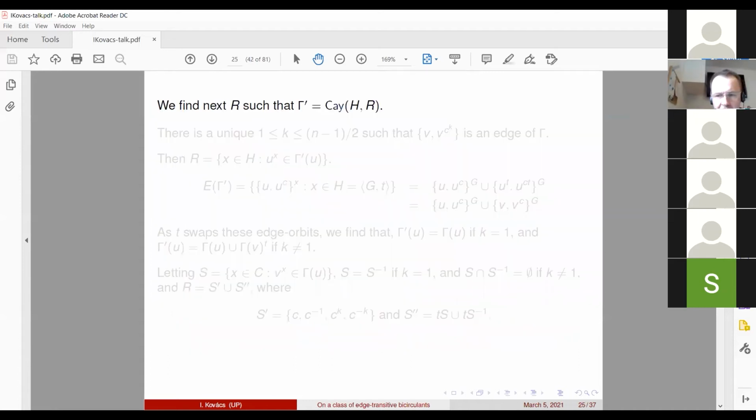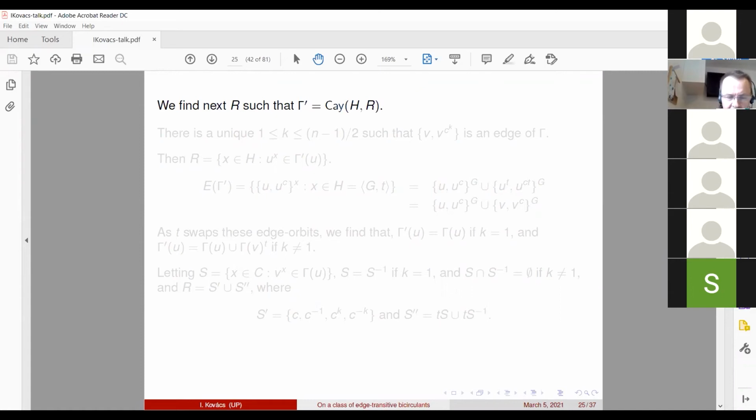Okay, we would like to apply this theorem, and for that purpose, we have to find R. And remember, we have this circulant gamma, which we started with, two special vertices U and V, and the cyclic subgroup, and the orbit containing U and the orbit containing V. The orbit containing U is a full cycle.